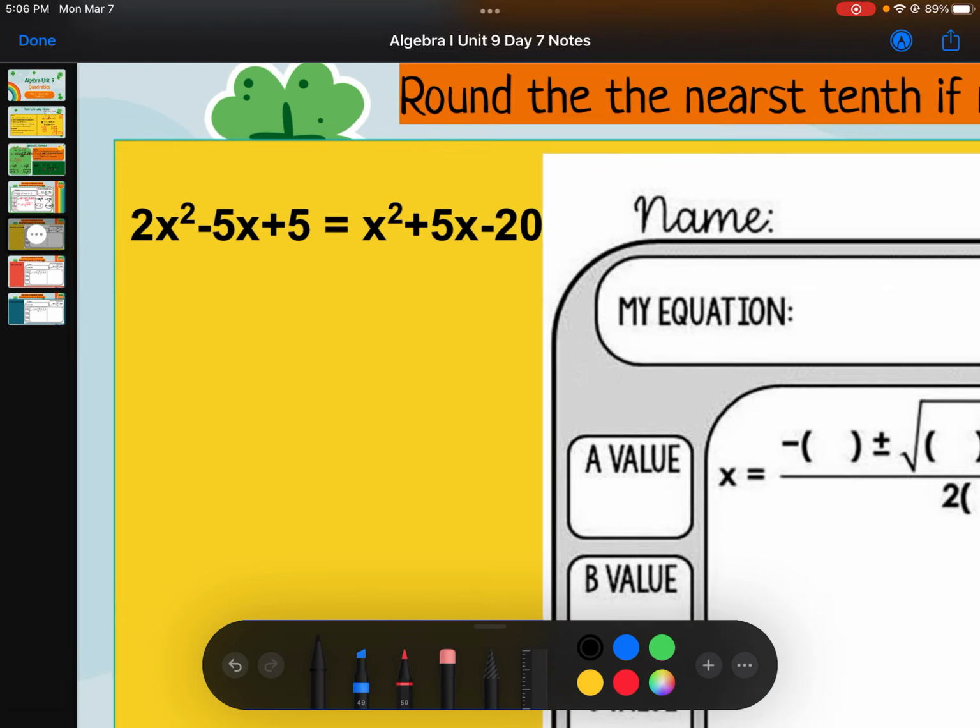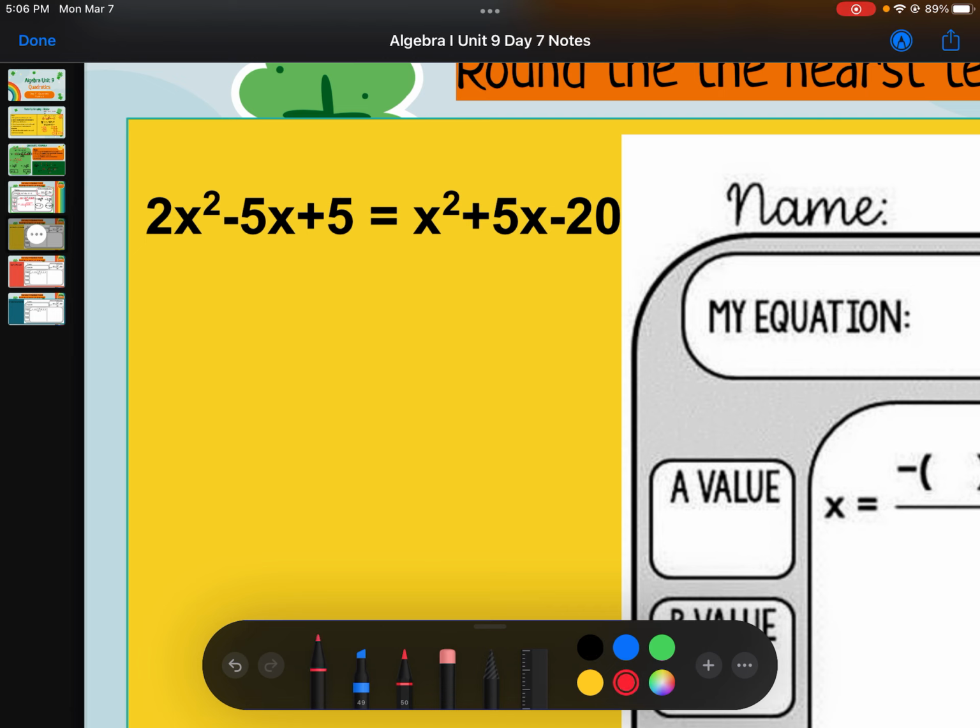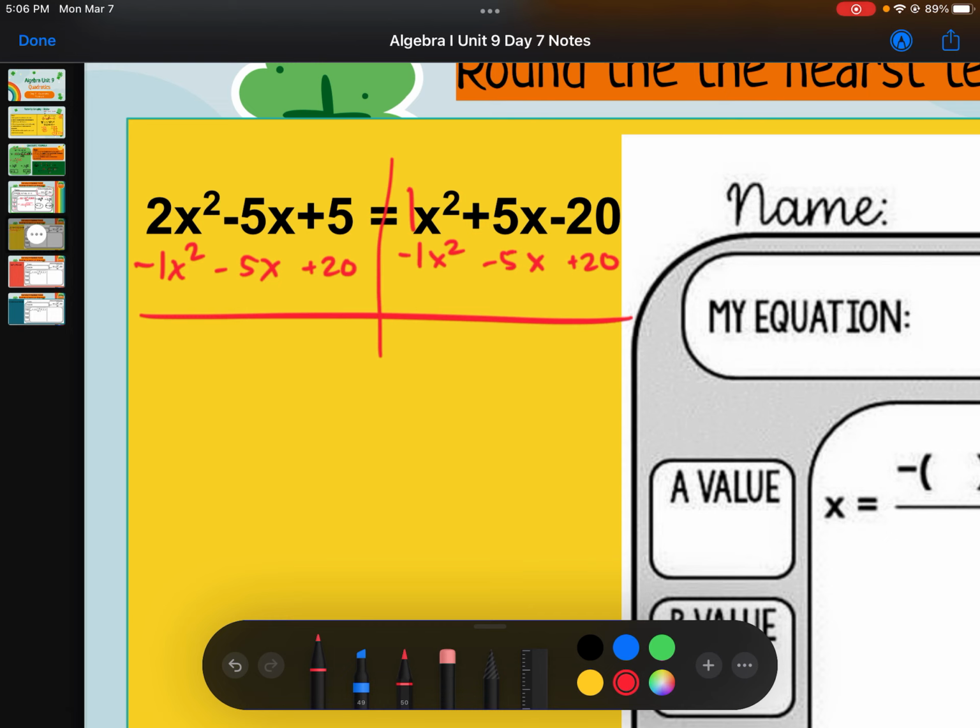So I'm going to move everything to the left side. So minus 1x squared minus 5x and add 20. I'm making sure I'm stacking these underneath the like terms. And now I can start combining. So 2 minus 1 would be 1x squared. Negative 5x minus 5x is negative 10x.